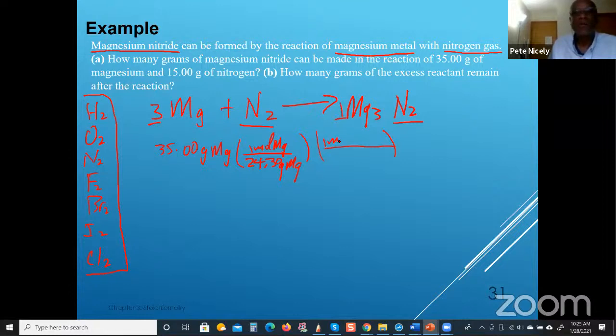So you're going to have 1 mole of Mg3N2. And down below, you're going to have 3 moles of Mg. All right. So this will cancel with this. This will cancel with that. So let's work this out. 35 divided by 24.30, or I should say divide by 3. So according to my calculations, this works out to be equal to 0.4801.